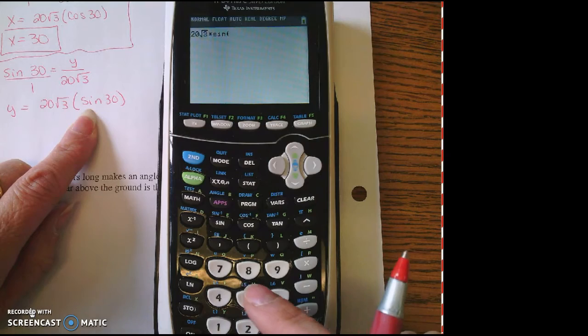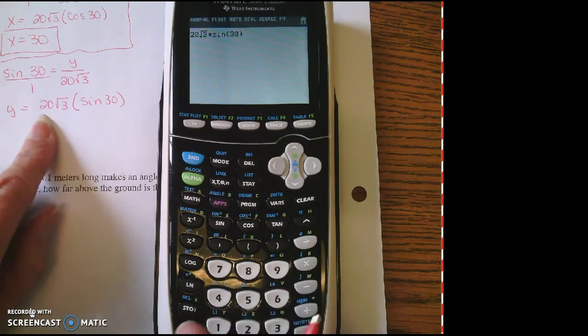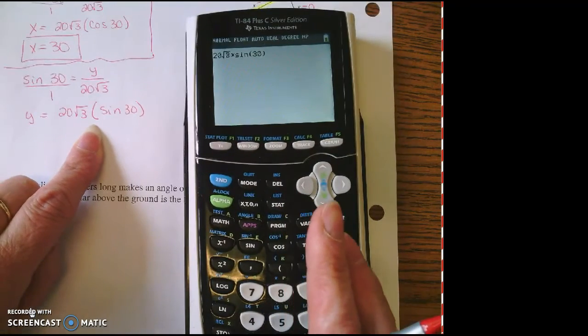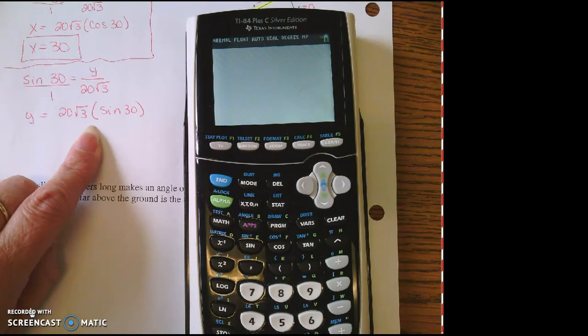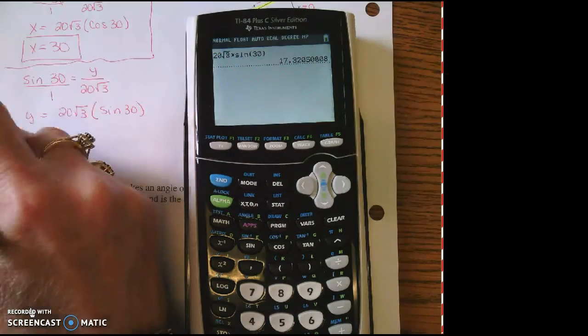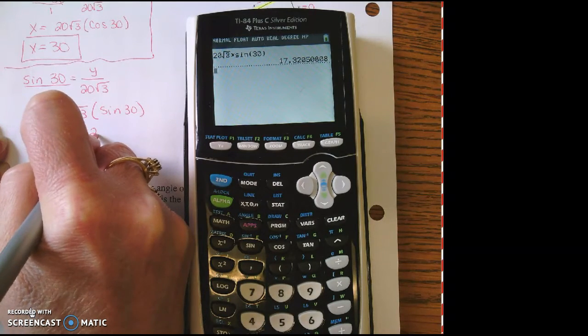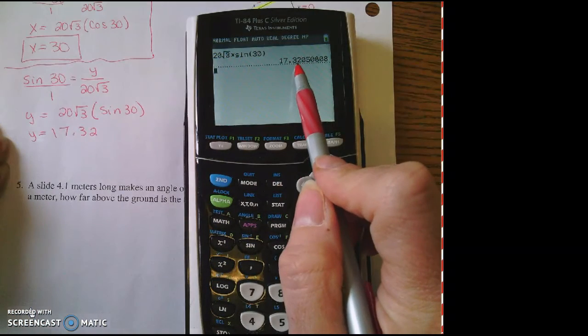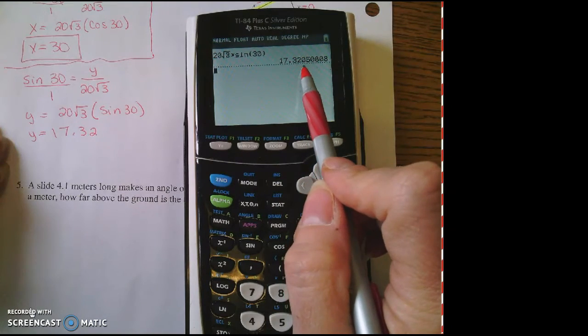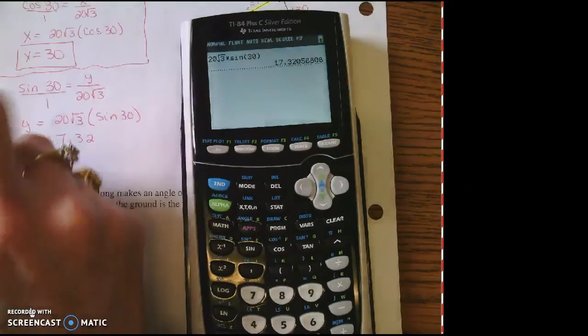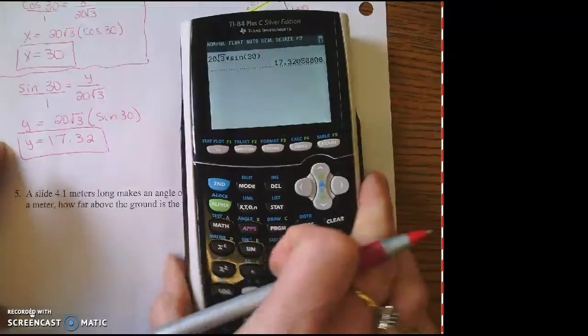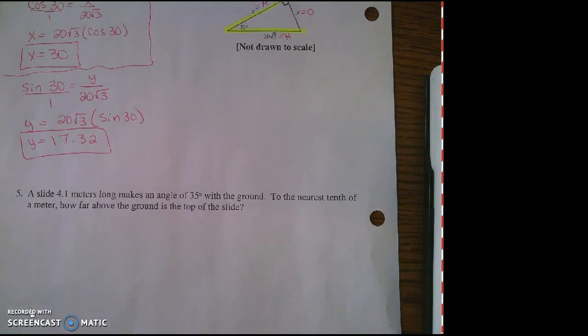Times sine of 30. Double checking, see if it matches what I want. Looks good. All right, so this is not a whole number, so we need to round to the nearest hundredth, which is 2 decimal places. I'm making a decision about the 2. The 0 tells me to leave the 2 alone. So there you have both answers.